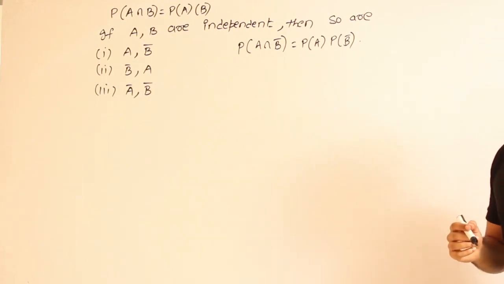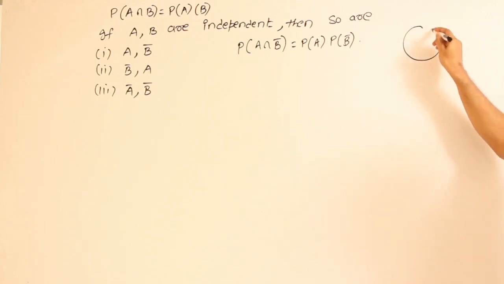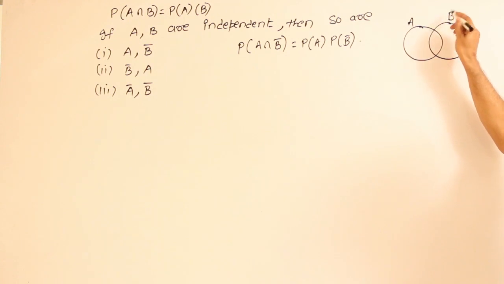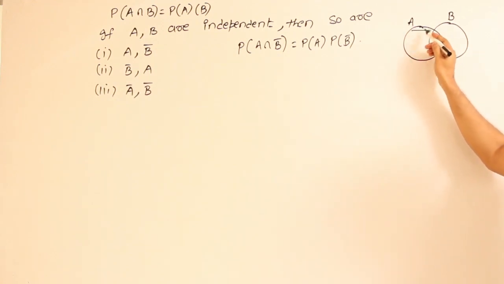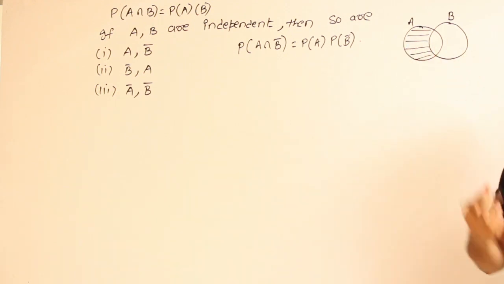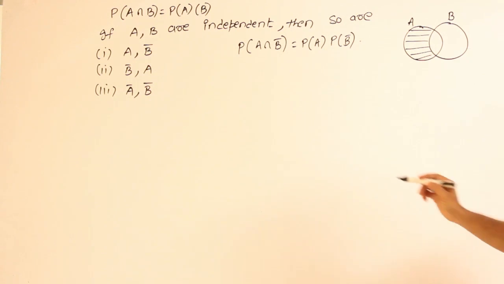Now let's try to prove this one. Let us say we have A here and we have B here. Now what about A intersection B complement? A intersection B complement is nothing but this part. I'm just proving it from the set theory rules. So how can you write A intersection B complement?